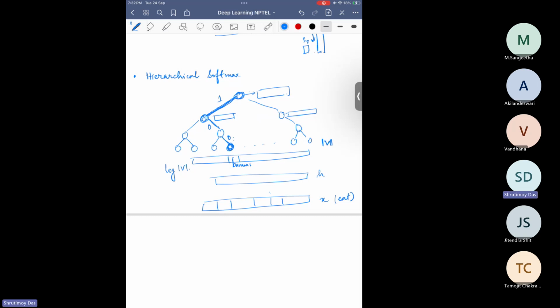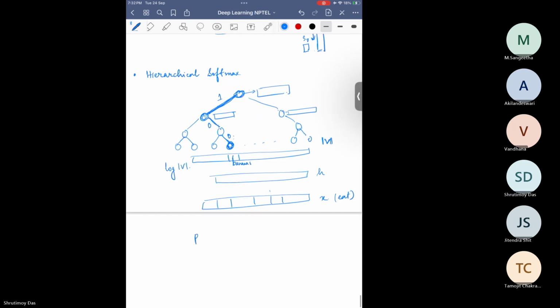So using this path from root to leaf, we compute the probability of getting a word given some context as a product over all of the probabilities, or the scores, that we encounter along this path.